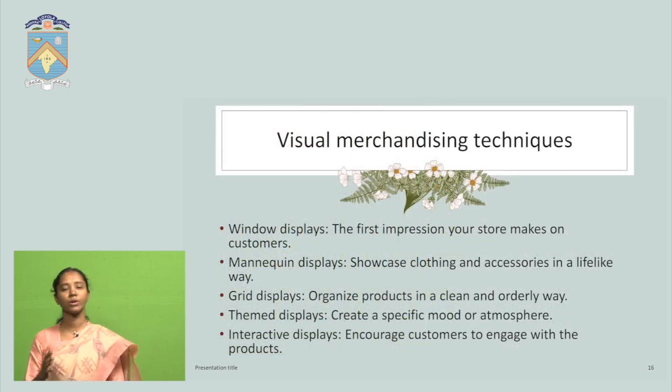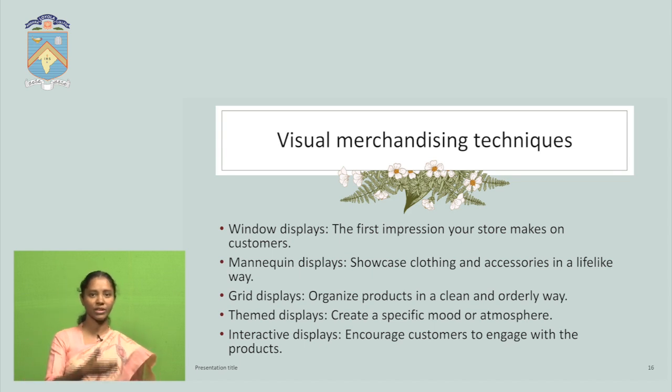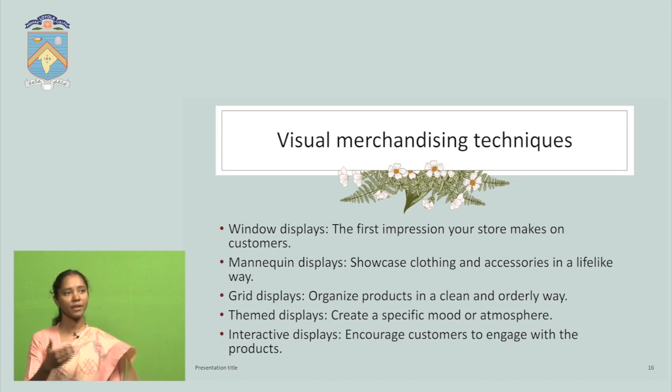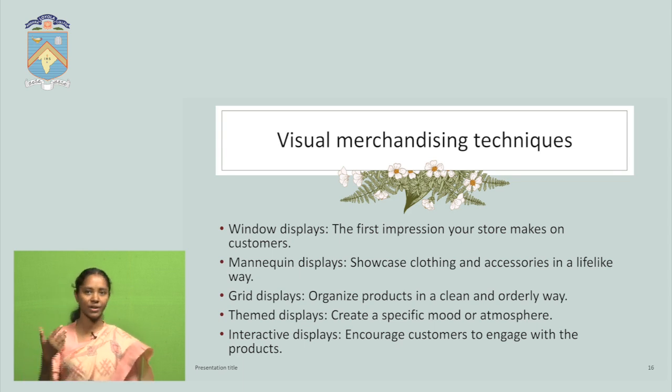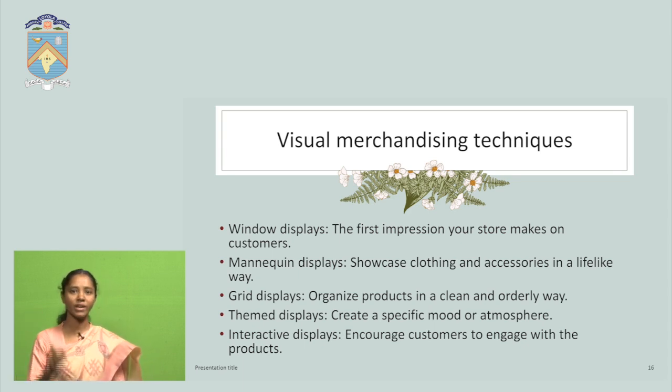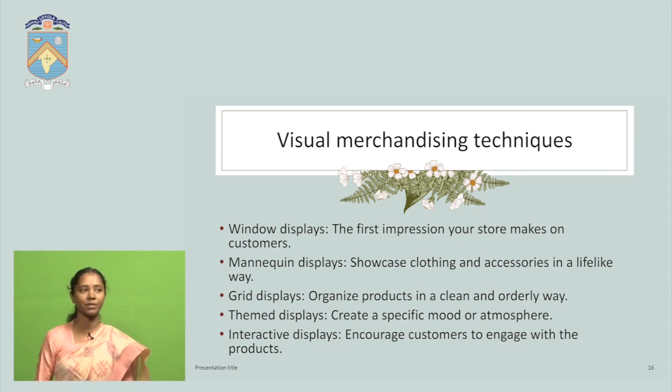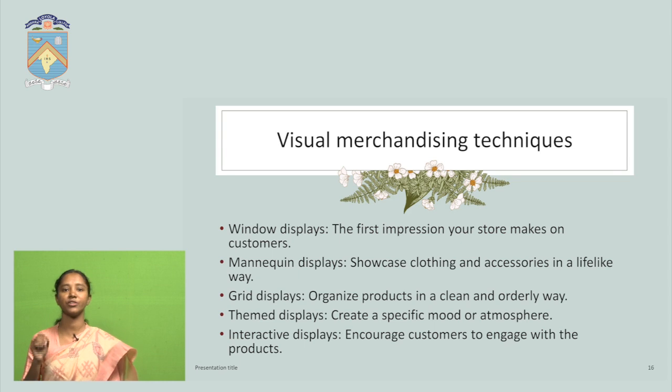Next, coming to the visual merchandising techniques. We already came across some of these techniques in the previous elements also. Window display, as I already said, is the front-end thing. Customer walk-ins will be attracted completely by these window displays, so it is the first impression your store makes on customers. The next one is mannequin displays.